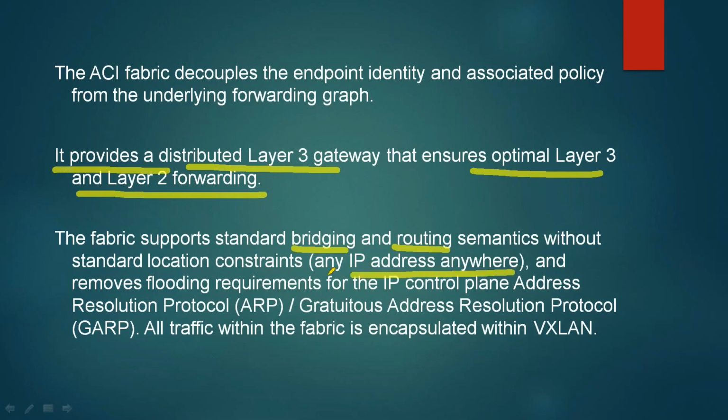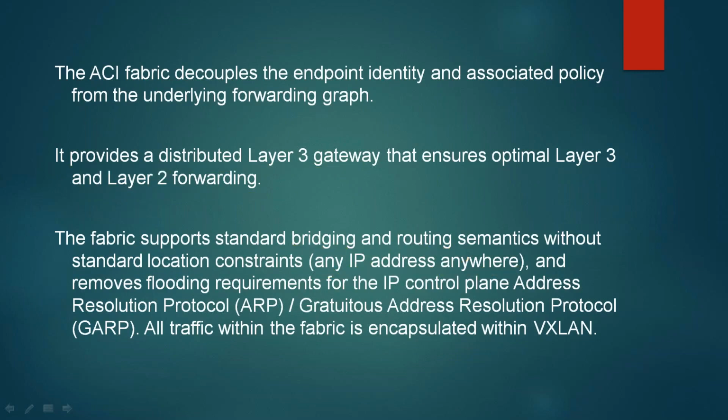Any IP anywhere, that's the key. So we can highlight the any IP anywhere concept, which removes flooding requirements for the IP control plane, address resolution, say ARP and GARP packets. All traffic within the fabric is encapsulated within VXLAN.